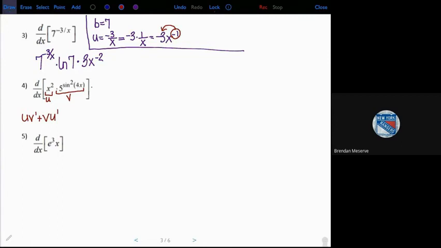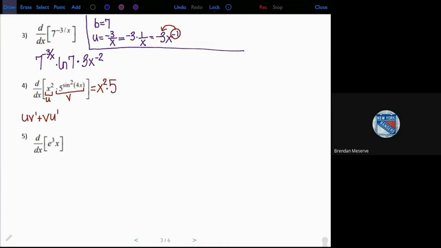So let's start our derivative. u as is. No big deal. That's x squared. All right, here we go. v prime. This is a good one. This is a b to the u. b is my 5, and u is that entire exponent. So my rule starts off with b to the u as is.